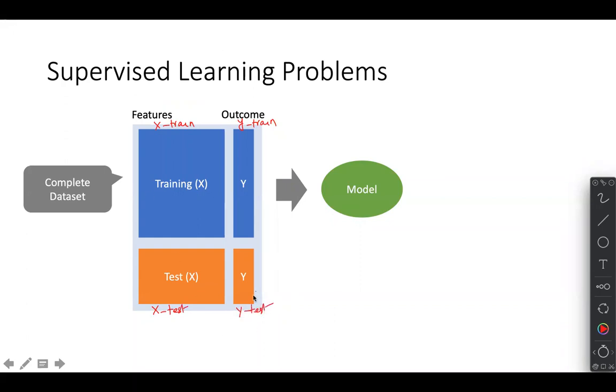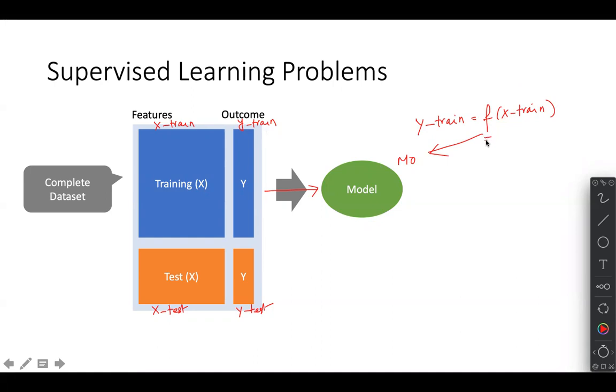Irrespective of whether y is numerical or categorical, in both cases we will follow the same approach. And then we will build a model, let's say M0, from the x train and y train. So this would look like something like y train as a function of x train.